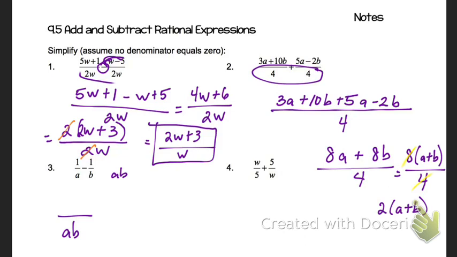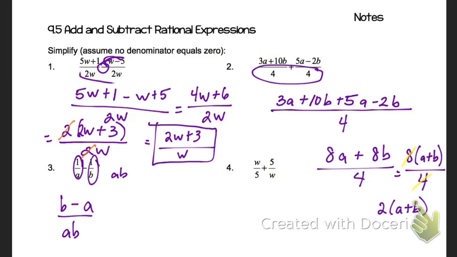So my next point from there, if AB is on the bottom, to make this have a B on the bottom, that means I need to multiply the top and the bottom by B. To make this be a B on the bottom, I need to multiply the top and the bottom by A.